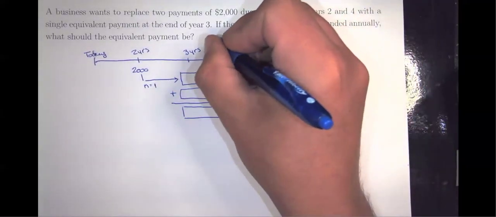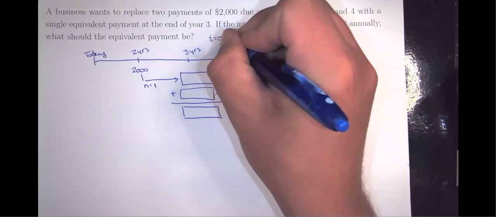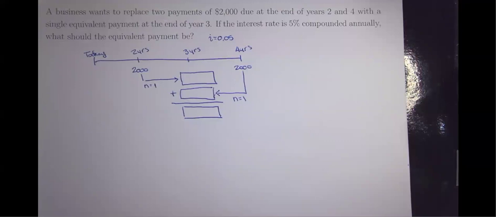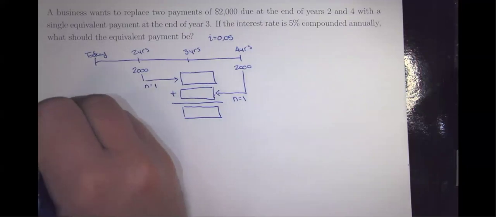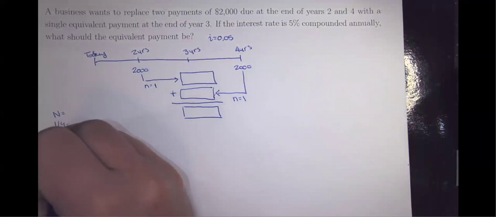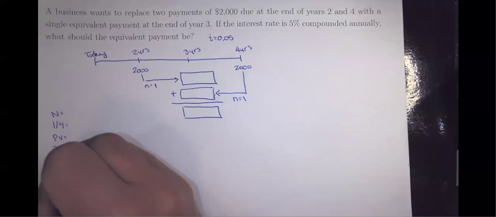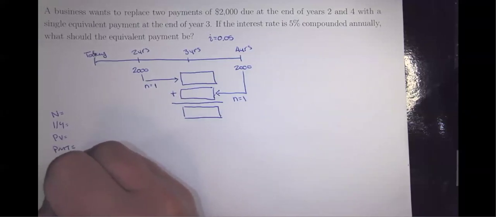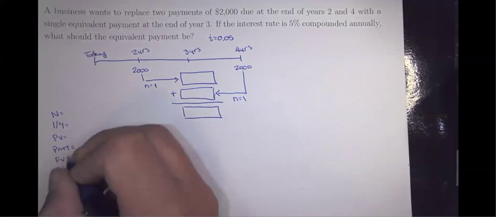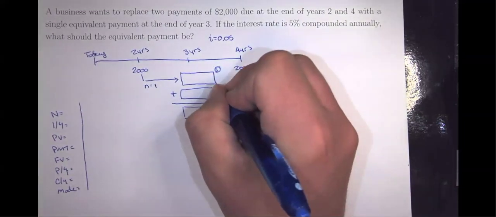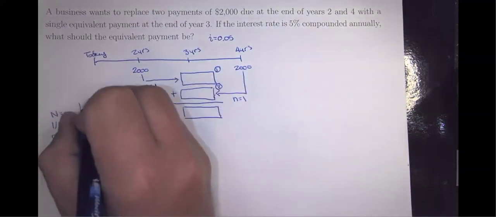Our rate is 5% compounded annually, so 0.05 divided by 1 for 0.05. So if I call this calculation 1 and this guy calculation 2, our total will be our third calculation.